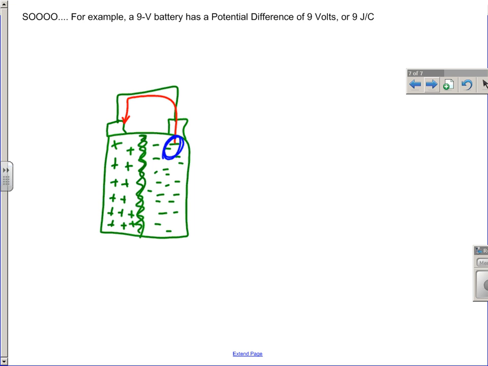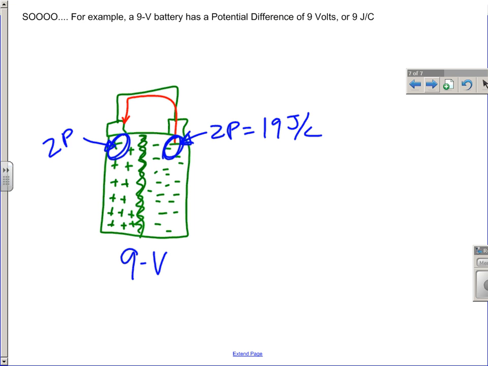Again, this is a little bit sloppy, but basically these electrons are some distance away from these positive charges, so they have a difference in electric potential. When the electron is here, it's going to have some electric potential. When the electron comes around to the other side, it's going to have a different amount of electric potential. The 9-volt battery has a difference between the two sides of 9 volts. So it might be that this is, whatever, 19 joules per coulomb, and this is 10 joules per coulomb.